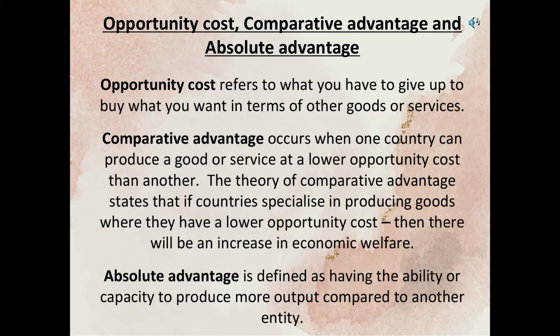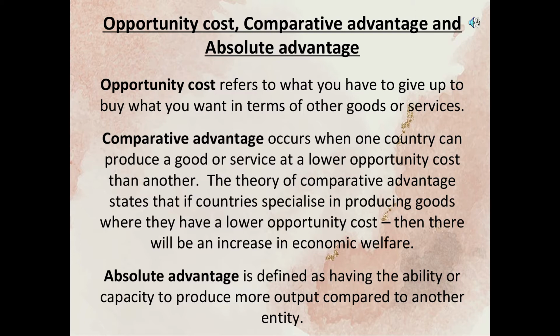Absolute advantage, on the other hand, is defined as having the ability or capacity to produce more output compared to another entity. Just like, for example, we have these two countries, Italy and Japan. They are both producing automobiles. But Italy can produce sports cars.